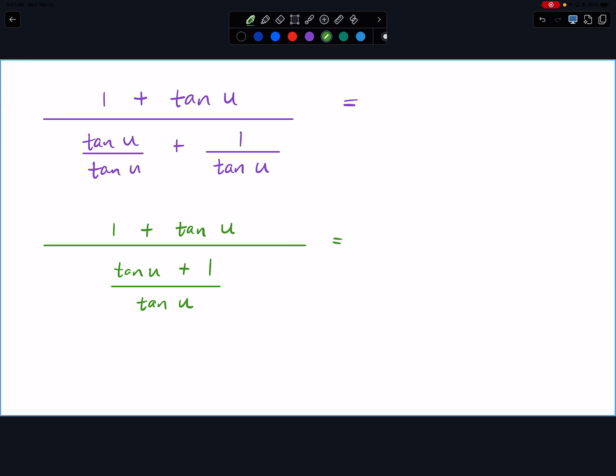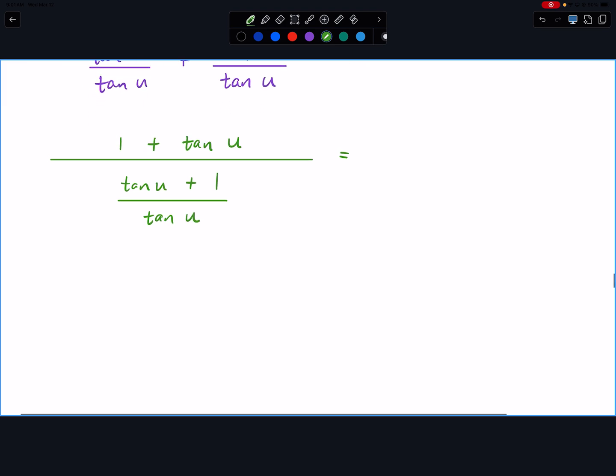So I'm going to take this and divide it by this. Remember, to divide fractions, just multiply by the reciprocal, right? So this is going to become 1 plus tangent of u over 1 times the reciprocal, which is going to be tangent of u all over tangent of u plus 1.